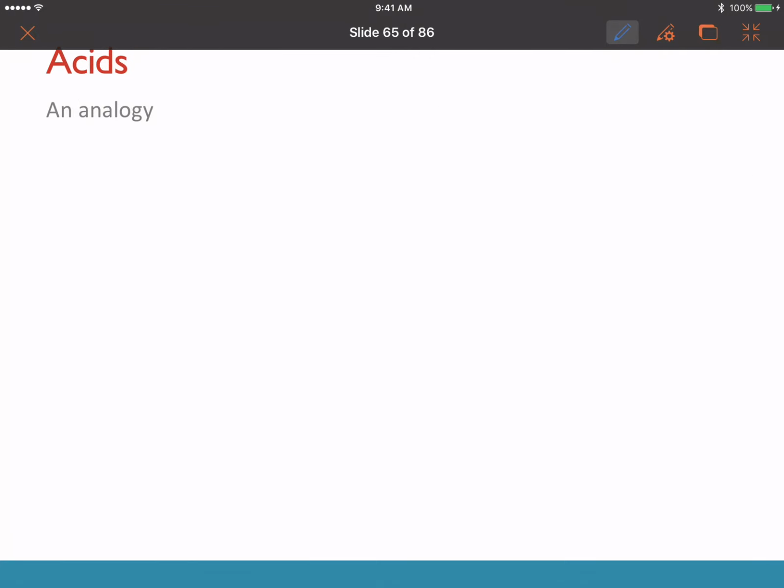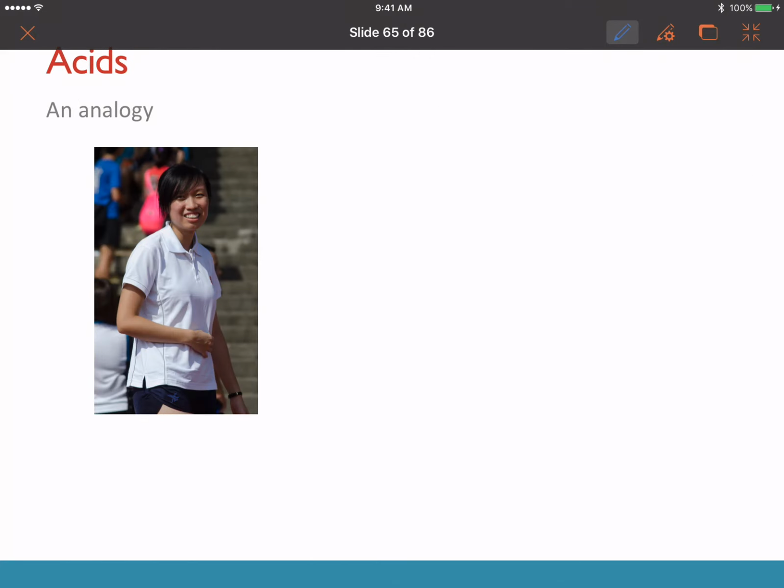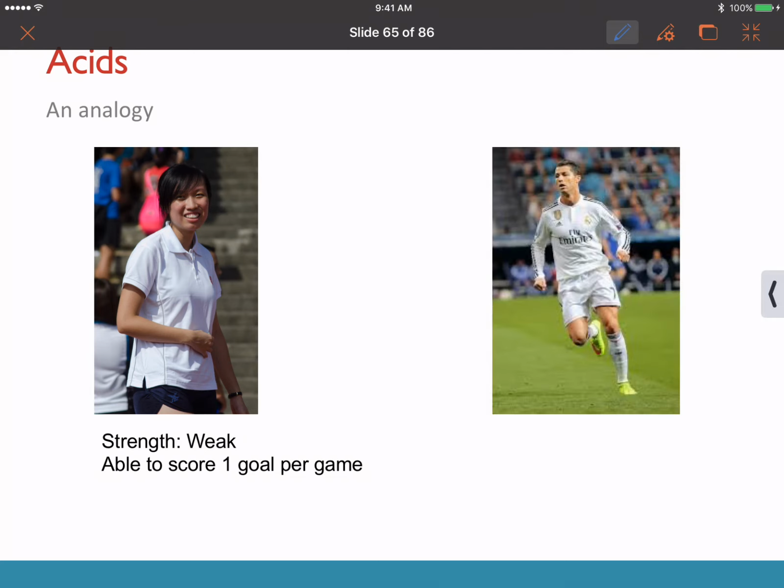Let me give you an analogy. Let's say there's me as a soccer player. So my strength is very weak. I'm only able to score 1 goal per game. Okay, that's my strength. Here's Cristiano Ronaldo. He's a strong player. He can score 10 goals per game.